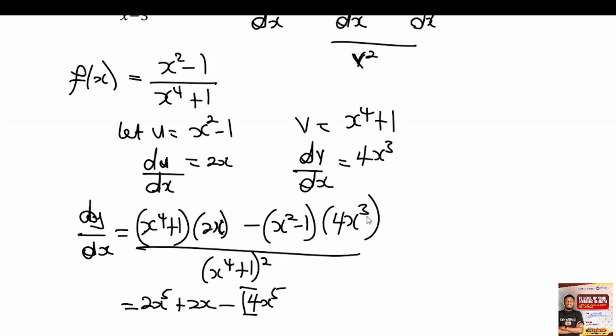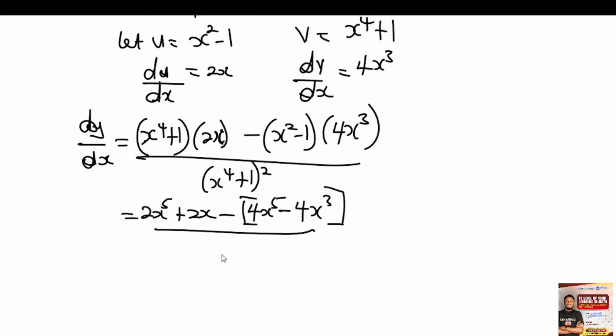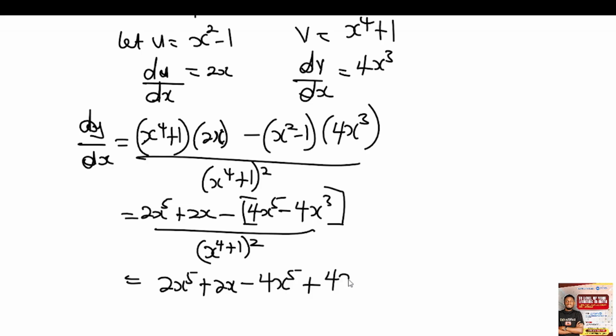Then 4x exponent 3 times 1 gives us 4x exponent 3, all on x exponent 4 plus 1 all squared. So this is equal to 2x exponent 5 plus 2x. The negative times this one will give us negative 4x exponent 5. Negative times negative will give us positive 4x exponent 3, all on x exponent 4 plus 1 all squared.